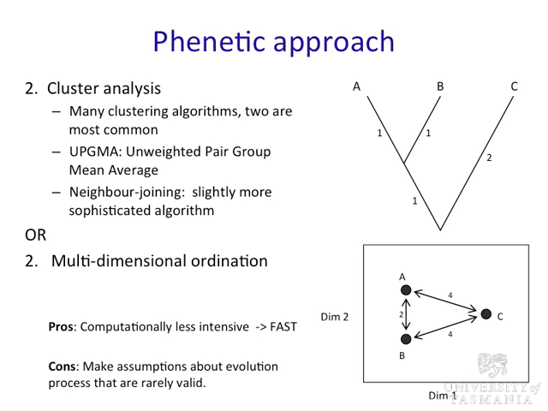So that's an algorithm that pairs up the 2 closest, averages them, and then compares them to the next closest. It builds a tree successively from the closest to the most distant. There's another method which is a little more sophisticated, called neighbour joining, probably the most common tree building approach used in phylogenetics. So this kind of method.